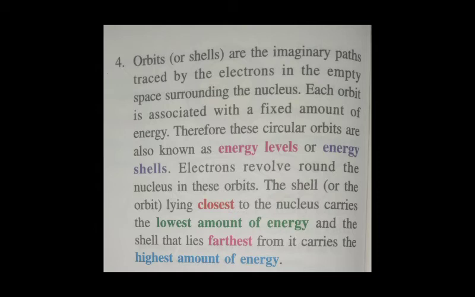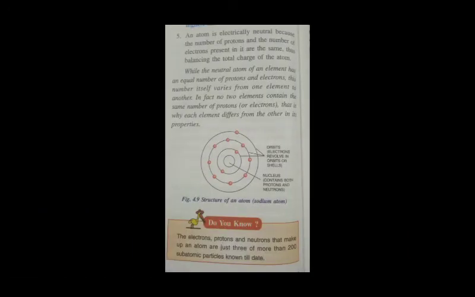The shell that is closest to the nucleus carries the lowest amount of energy, and as the orbit moves away from the nucleus, its energy increases. So from lower to higher level we have orbits which prevent the electrons from falling into the nucleus.